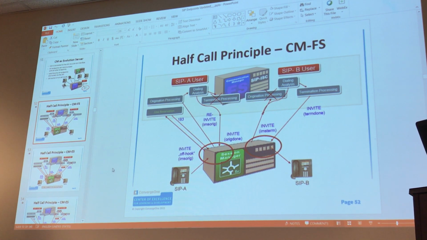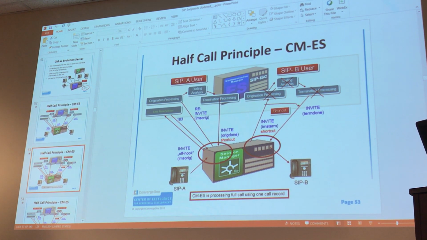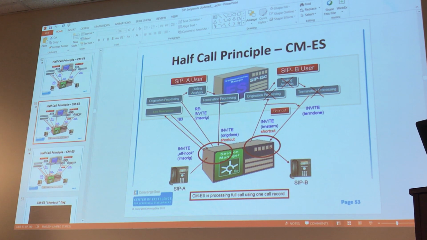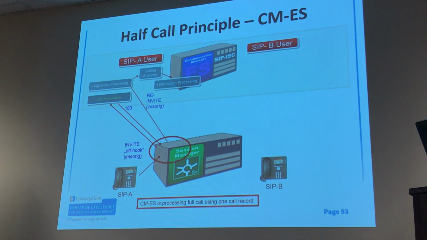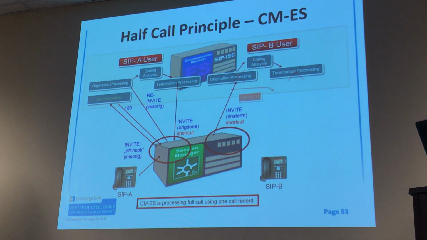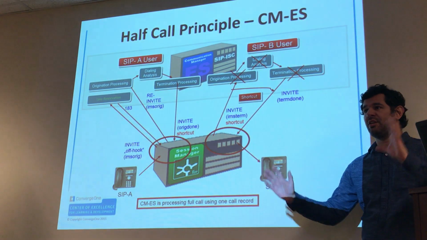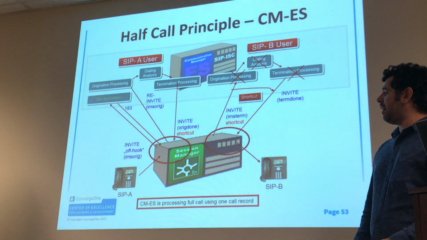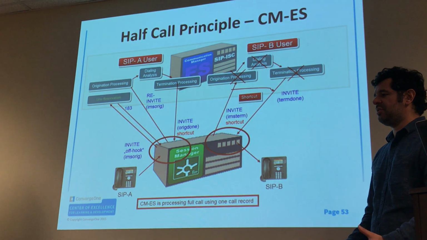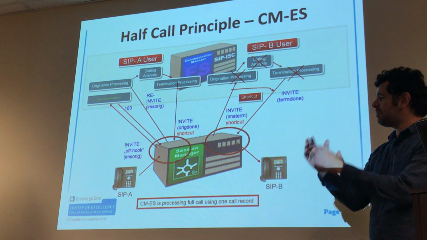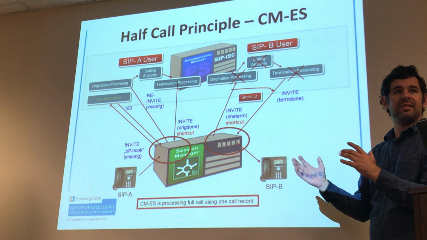So let's see first CM as an evolution server. Session Manager always works as what's known as a true IMS server, which means that it always splits the call in two halves.